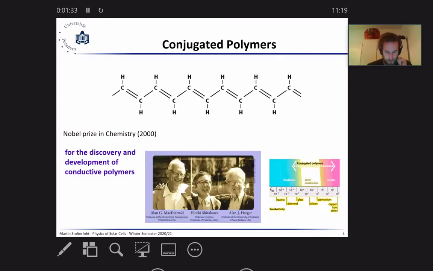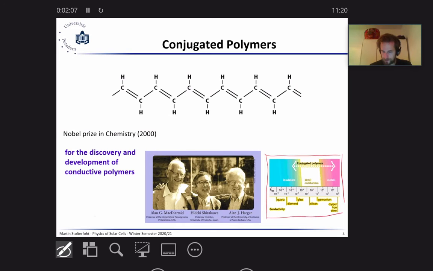The Nobel Prize was given in the year 2000 to these three gentlemen, among them Heeger, who is very well known in the research area of organic photovoltaics as well. And this was an interesting comparison between the conductivity of conjugated polymers and other materials.